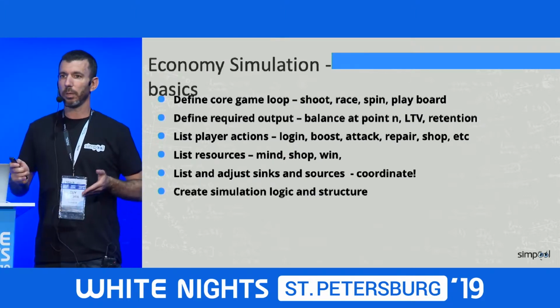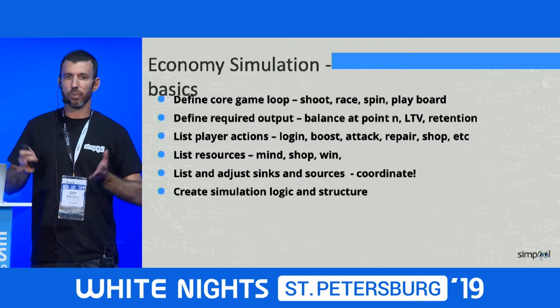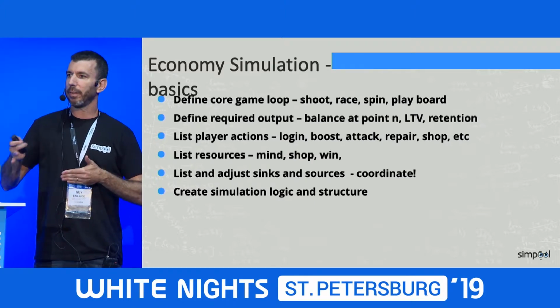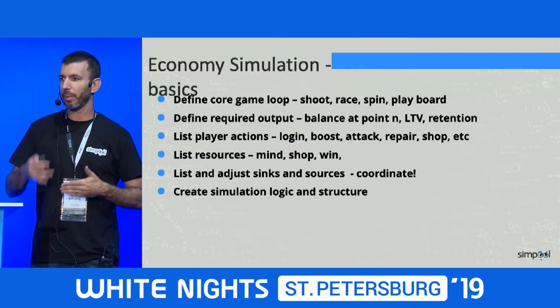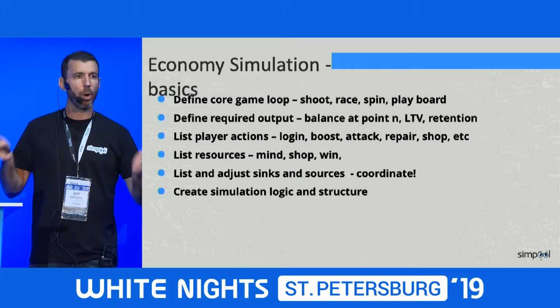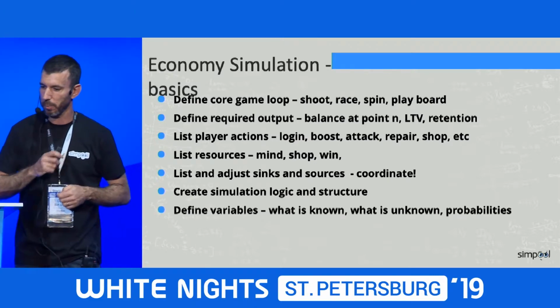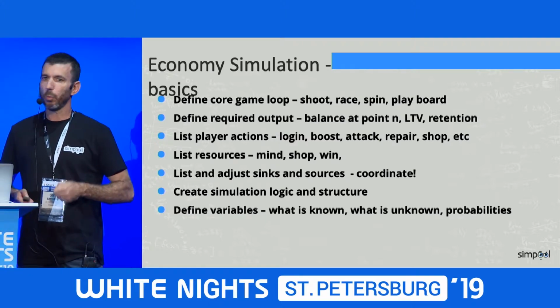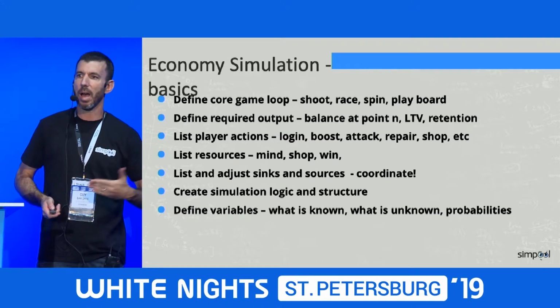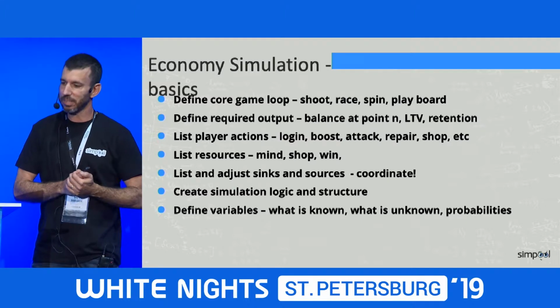And then we need to build the logic. This logic and structure means: what happens if users do X, what will happen if users do Y, how can we adjust between different profiles inside the simulation. And then we need to define what the variables are, what can be unexpected in the simulation.